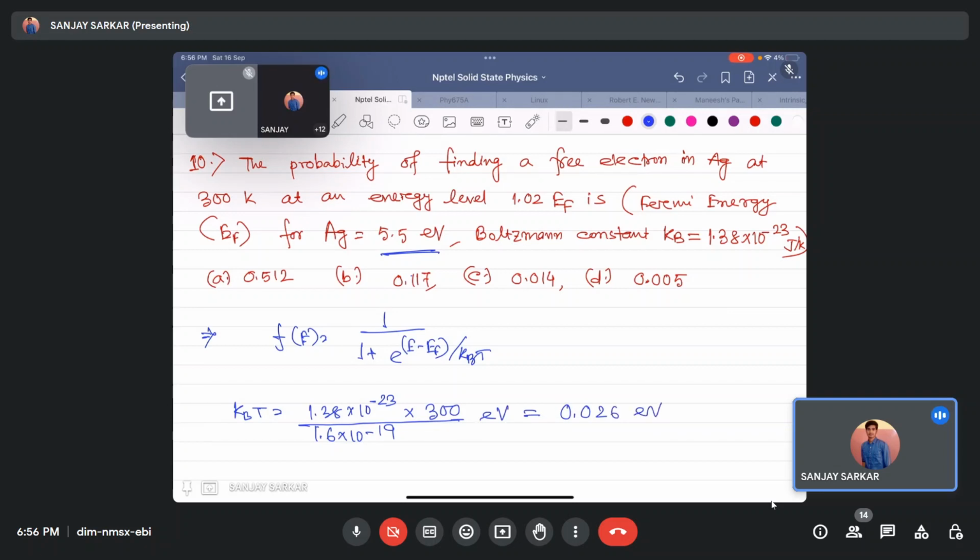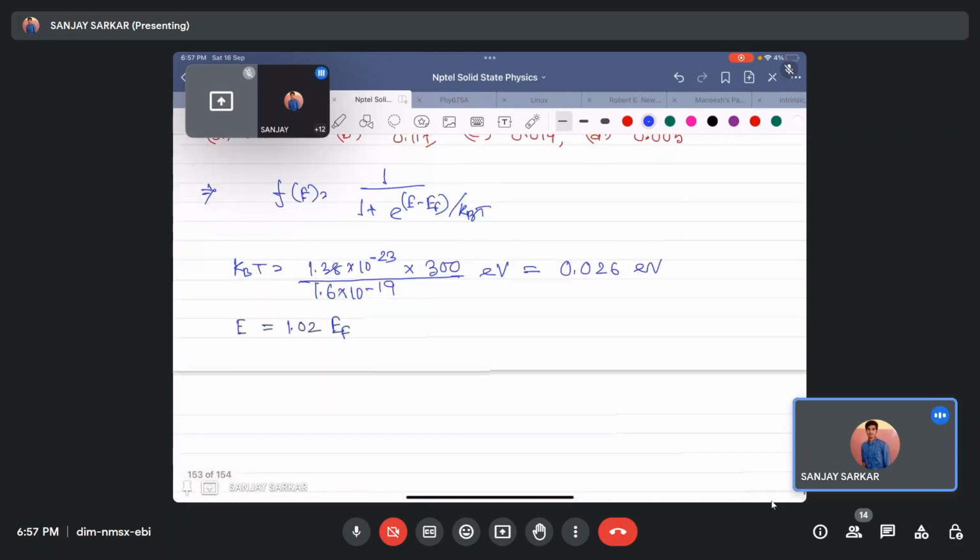Okay, let me still calculate this. I think we have done this in the previous classes also. So 1.38 into 300 divided by 1.6 into 10 to the minus 4. So 0.026, yes, this is correct. And E is at energy level 1.02 EF.